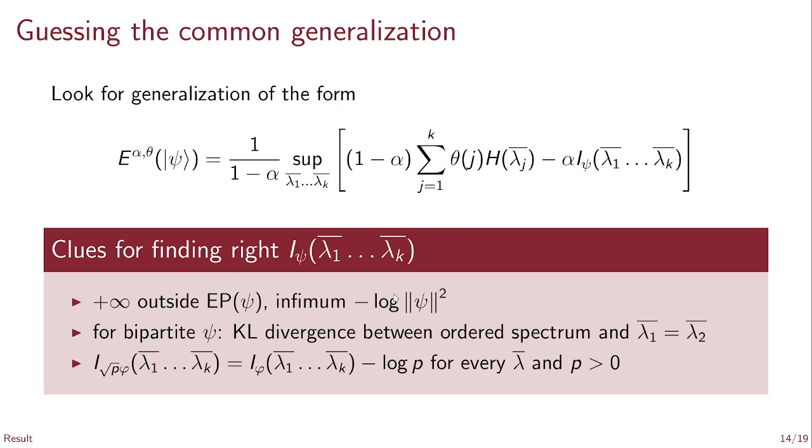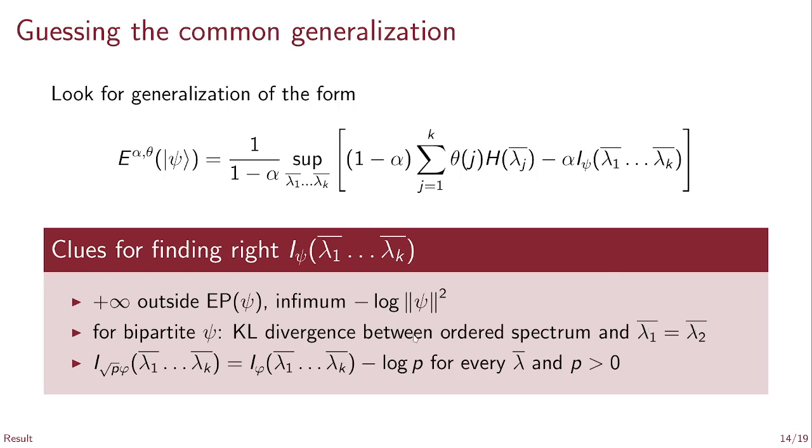And by looking at the other extreme case, when alpha is equal to 1, the first term vanishes, and then we should get back the norm squared, so that gives the infimum of this I of psi. For bipartite states, it must reduce to the Kullback-Leibler divergence between the order spectrum and the two arguments.